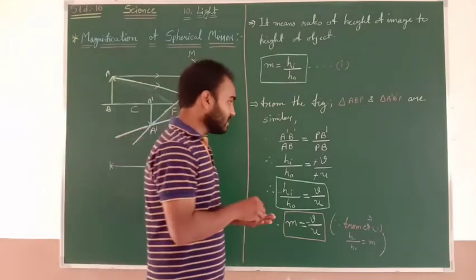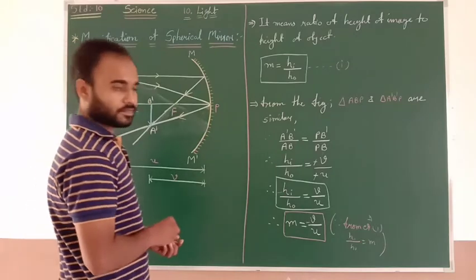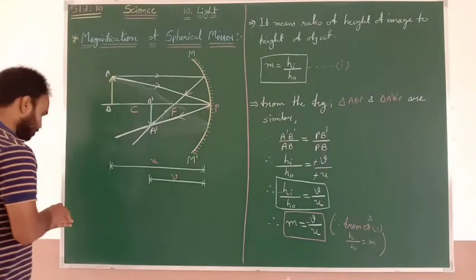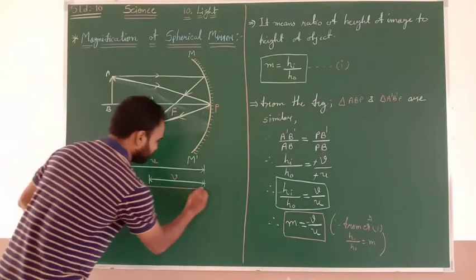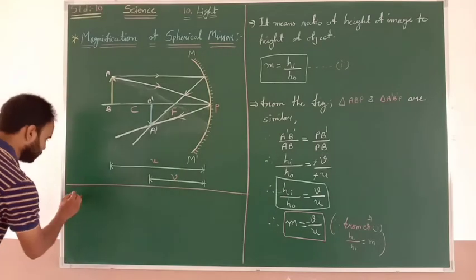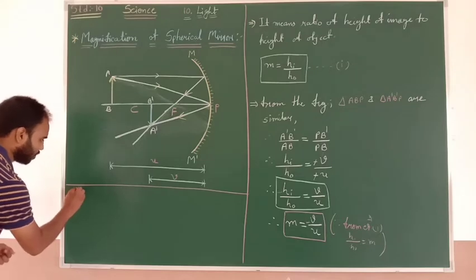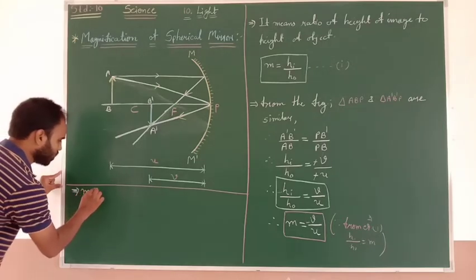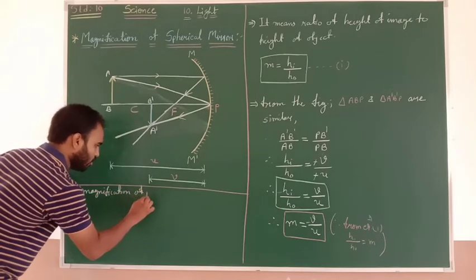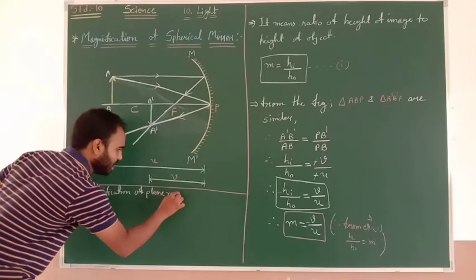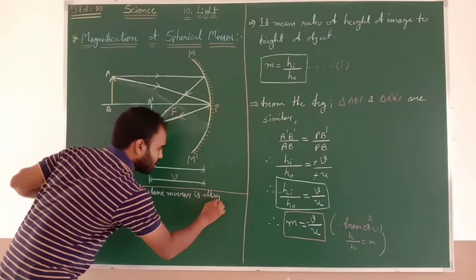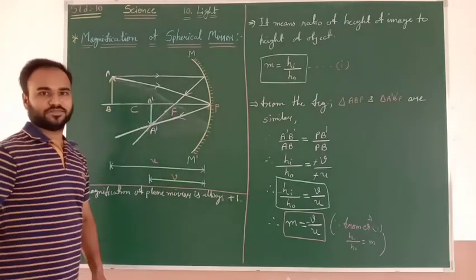Now we will see some interesting things about the magnification. For a plane mirror, the magnification of a plane mirror is always +1.